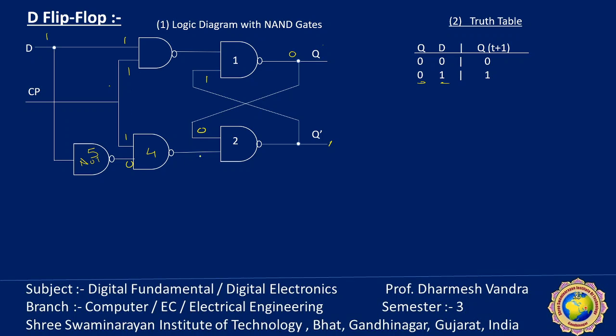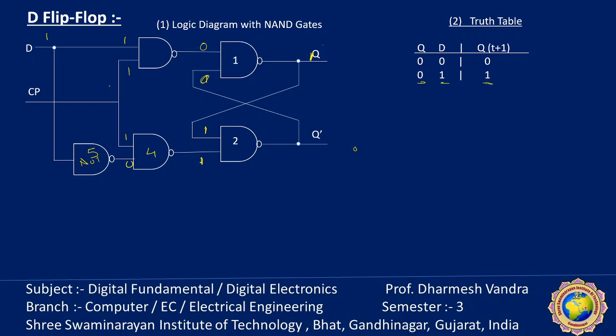Now if any one input is 0, the output is 1. 1 1, the output is 0. In the NAND gate, 0 1, if any one input is 0, the output is 1. So now Q changed from 0 to 1. This will be reflected here. 1 1, the output is 0, and this 0 goes here, but due to this 0 the output is always 1. So finally we obtain Q(t+1) as 1 and the complement as 0.